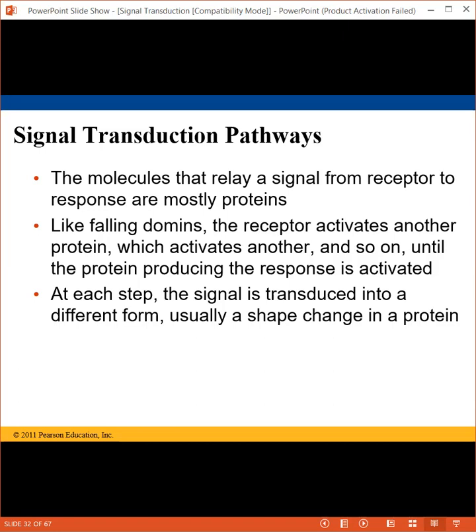So the receptor activates another protein, which activates another, and so on until the protein producing the response is activated. And at each step, the signal is transduced into a different form. Usually, a shape change occurs inside the protein molecule.